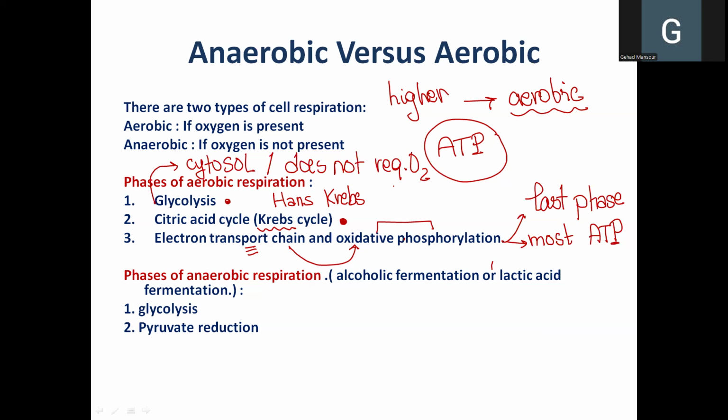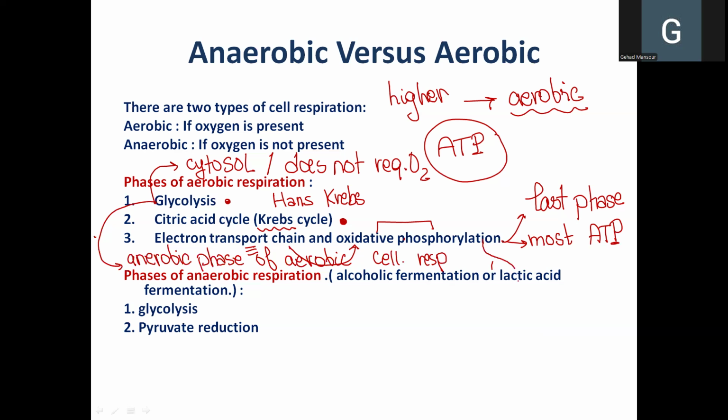Therefore, we can say that glycolysis is the anaerobic phase of aerobic cellular respiration.